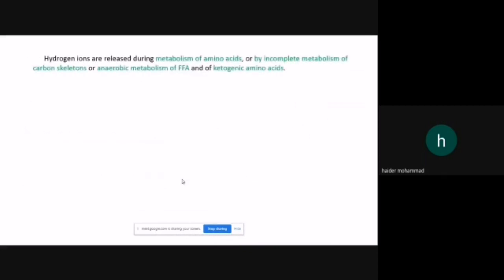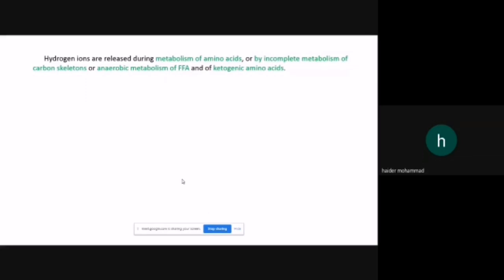Now we are speaking about the hydrogen ion concentration in the extracellular fluid. Acid-base balance means speaking about the hydrogen ion concentration in the extracellular fluid, and we said it must be within a normal value. Daily, a high concentration of hydrogen is produced because of the normal processes of metabolism.